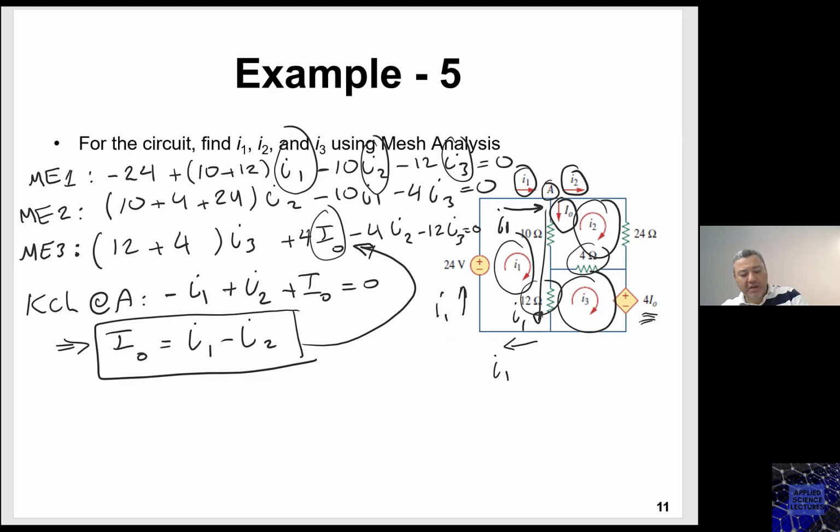Yes, of course. You need to find a relationship, an equation between your dependent source controlling variable and your standard mesh analysis variables, which are those small i's that we have here. Make sense?